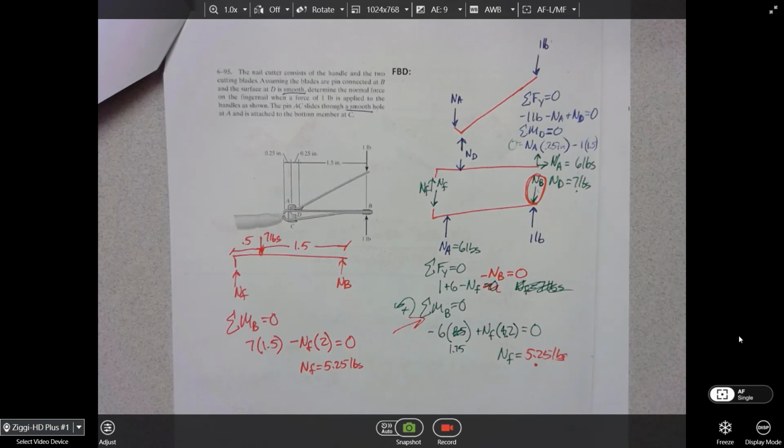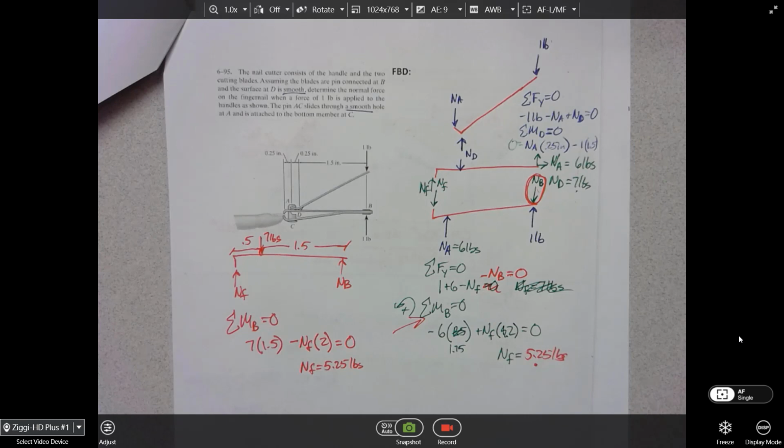Okay? So when we have this, we typically need to draw a free body diagram. So let's do that. We're going to have one part of our nail clipper. We'll have another part of our nail clipper. And one more part of our nail clipper. Okay?